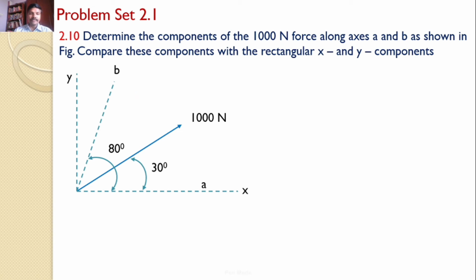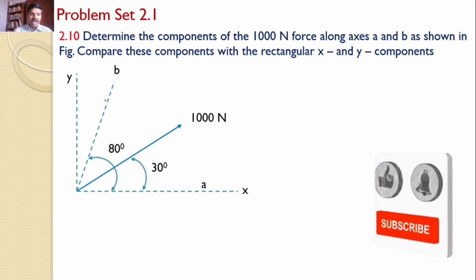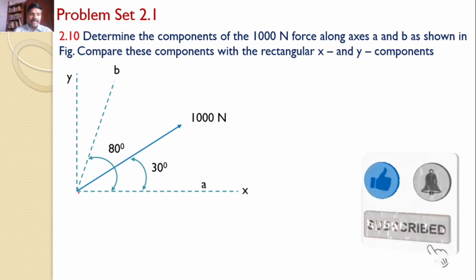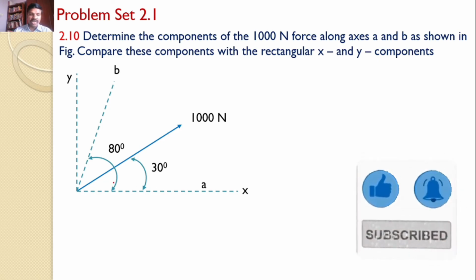With this concept, let us go to our problem. This is our problem. Now in this problem, the 1000 newton force I want to resolve along the A and B axes, similarly along the X and Y axes. Clearly we can observe that the X and Y axes are rectangular components, and A and B are not rectangular components because the angle between A and B is not 90.